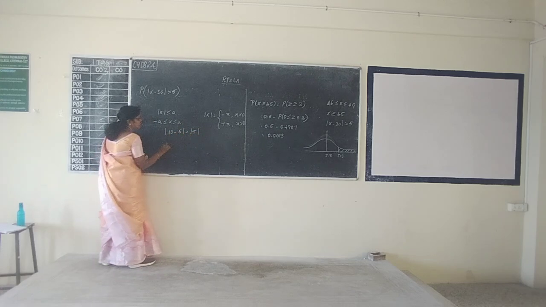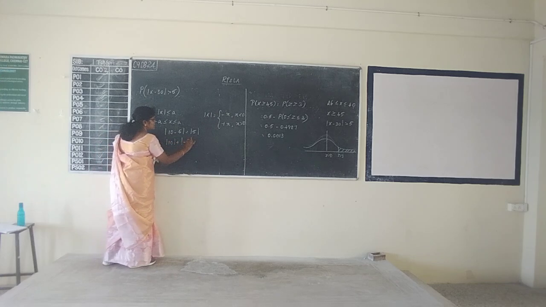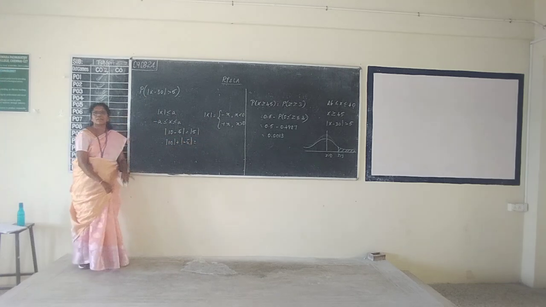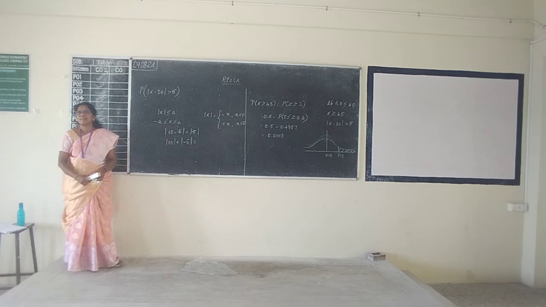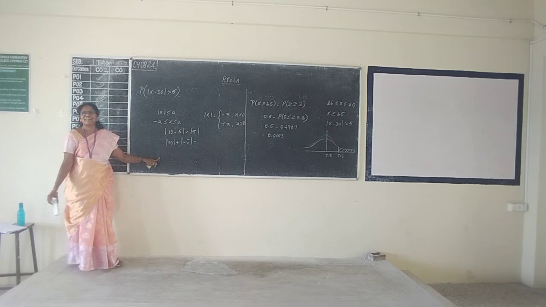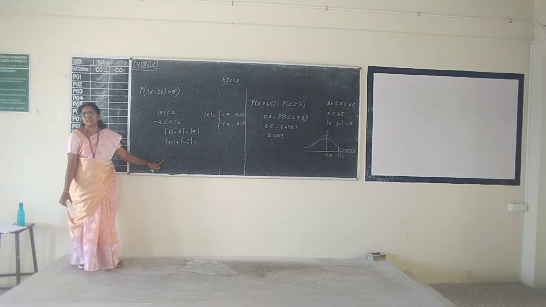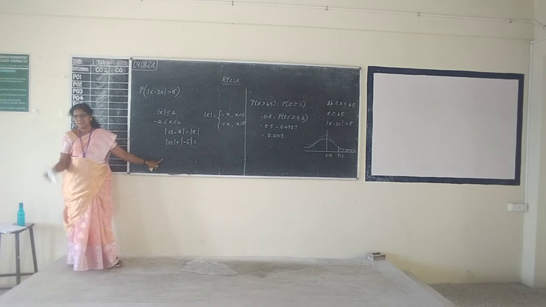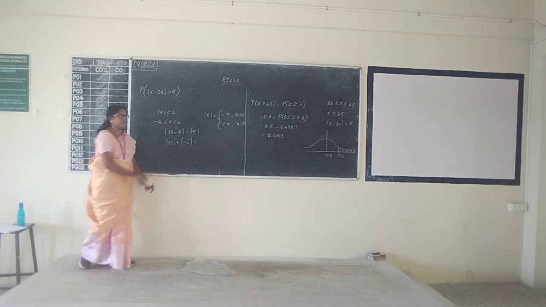And you are saying that it is the same as mod 10 plus mod minus 5. That is not possible. Both are entirely different. You can't do it like that.